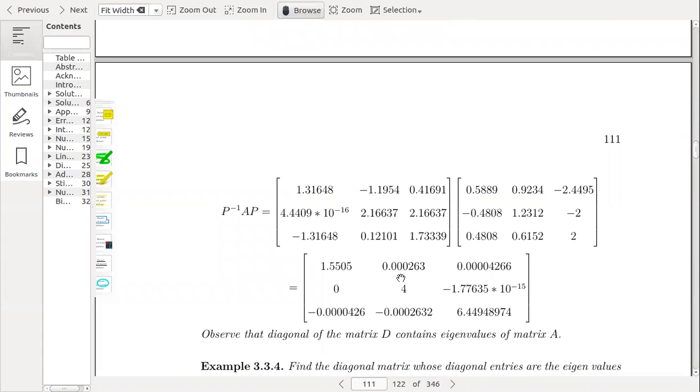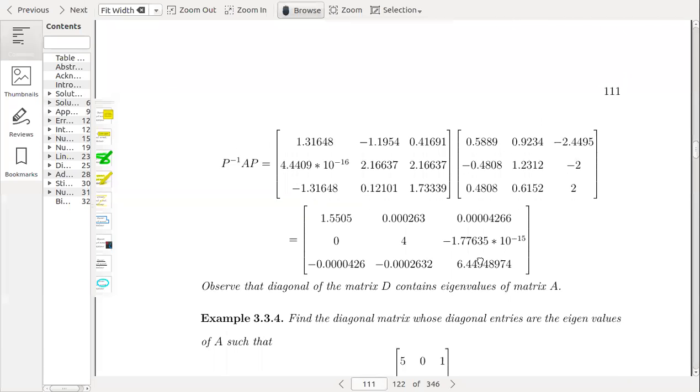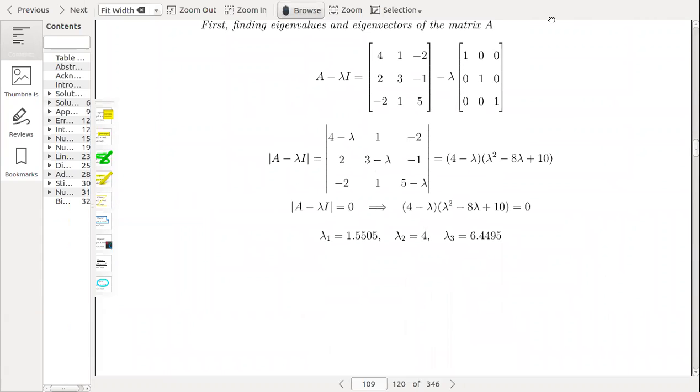1.5505, 0.000263, 0.4266, and here you see you get these diagonal values, this 1.554, 6.44944875. Observe the diagonal of the matrix D contains the eigenvalues of matrix A. So the eigenvalues of this matrix A, this one.